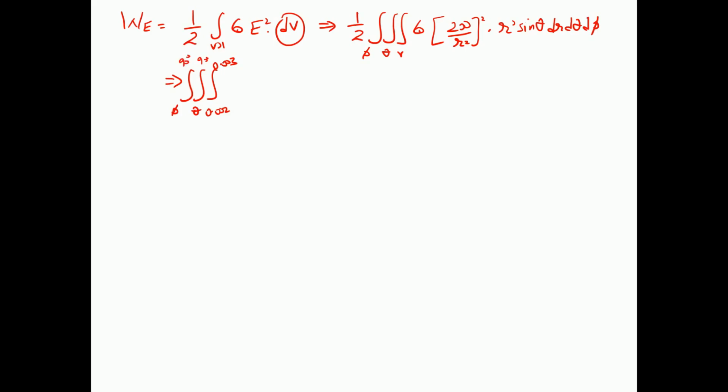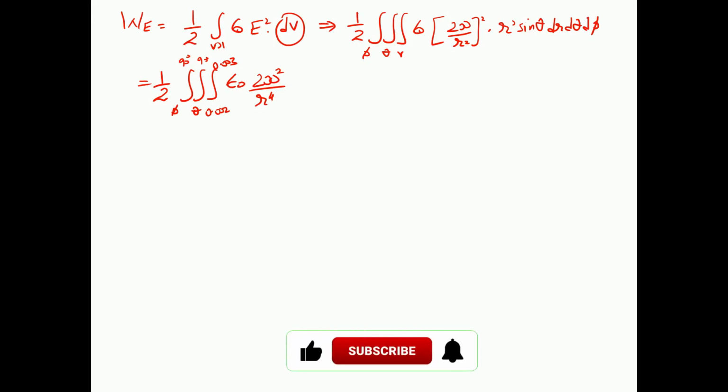We have 1 by 2, so I can bring it out as a coefficient. Then we have epsilon naught, and this is going to be 200 divided by r to the power 4, and this is squared. So we have r square sine theta dr d theta d phi.